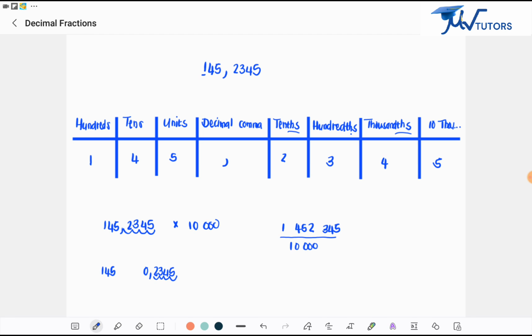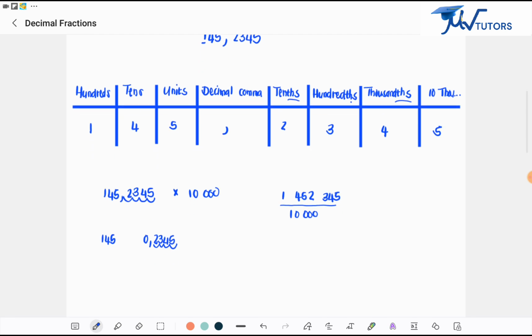Okay, so if we multiply that by 10,000, we're also going to divide it by 10,000. Okay, so basically then we can write our common fraction as 145, then we have that 2,345 divided by 10,000. Okay, so those are the two ways in which you can write it as common fractions.